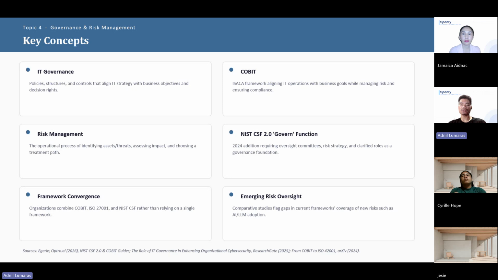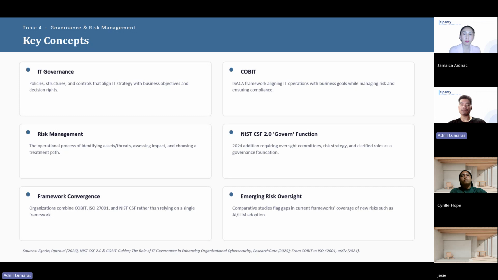A 2024 peer-reviewed comparative study of major governance, risk, and compliance frameworks, including COBIT, ISO 27001, and the NIST CSF, found that organizations increasingly need these frameworks to evolve together to keep pace with new technology risks, such as those introduced by artificial intelligence systems.